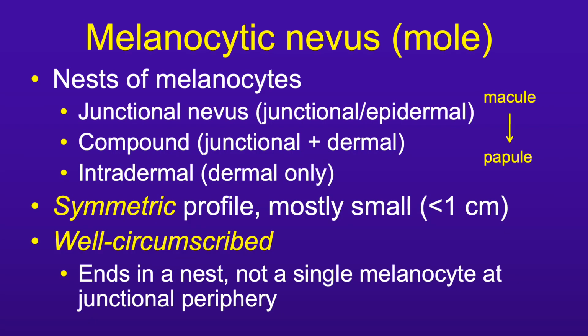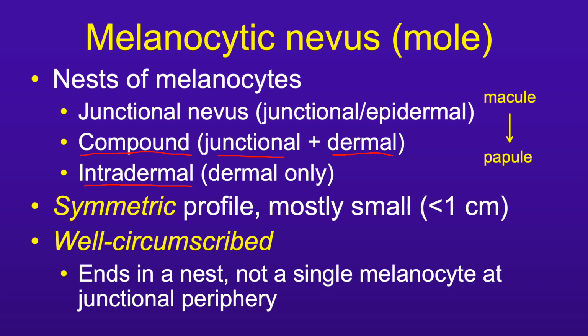So nevi can be divided into three categories based on the areas that are involved. I showed you first a compound melanocytic nevus, which has both nests attached or within the dermal epidermal junction within the basal layer, but also involving the dermis. I then showed you an example of the upper portion of an intradermal melanocytic nevus where the melanocytes are only in the dermis.